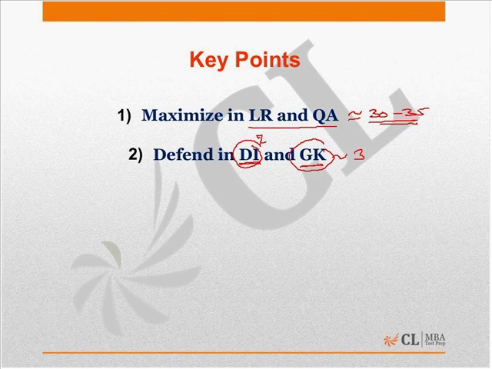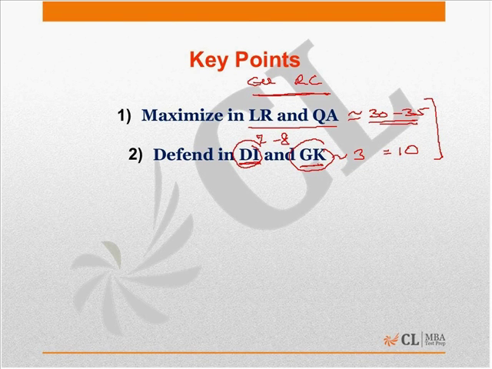So between these 4 areas, you should be looking at getting about 42, 43, maybe 45 marks, which leaves the other 2 areas, which are EU and RC. Now EU and RC you can look at getting another 15 marks. EU you can look at getting, let's say, 5 or 7 marks comfortably.